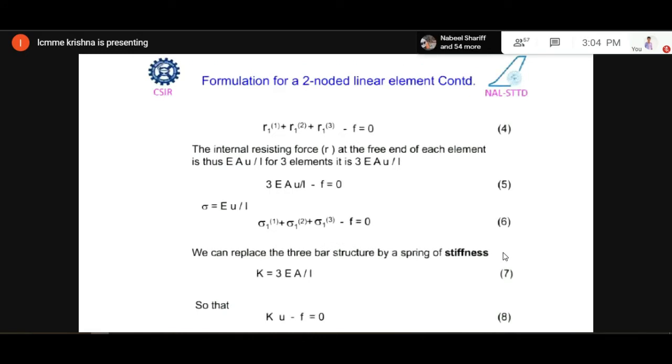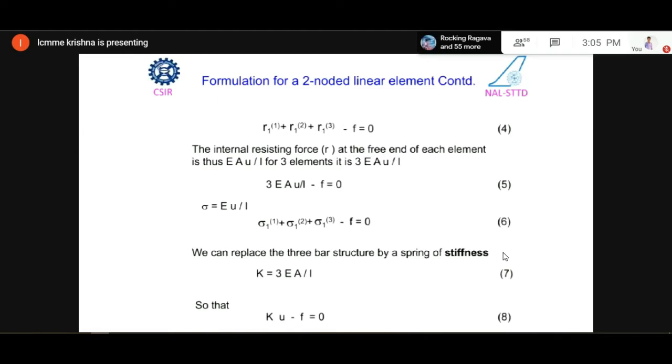Then we come to the formulation part. We continue with this free body diagram. We have the resistance force minus F equal to 0, and we derived earlier the force, which is 3AE by L, which is the stress part. The stress comes from the change in length over the original length, the strain, and E is the Young's modulus.